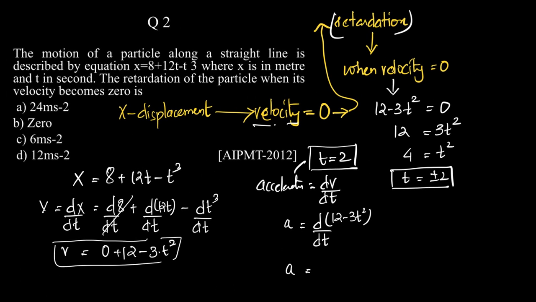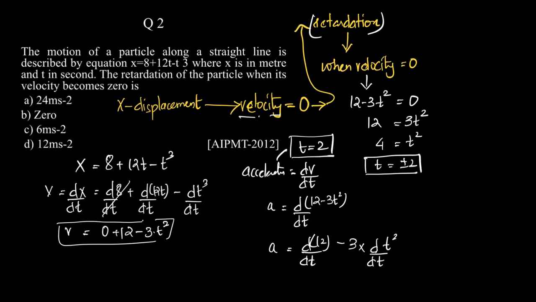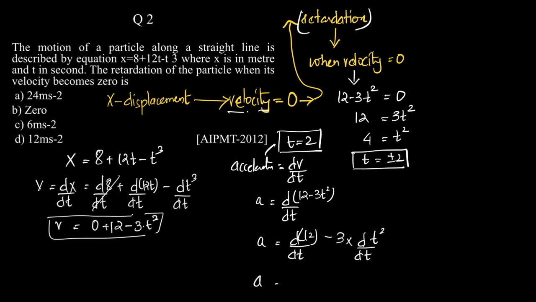Therefore, acceleration will be equal to d by dt of 12 minus 3 into d by dt of t square. So, acceleration is equal to d by dt of 12 is 0 minus d by dt of t square is 2t. So, this becomes minus 3 into 2 into t, which is equal to minus 6t.